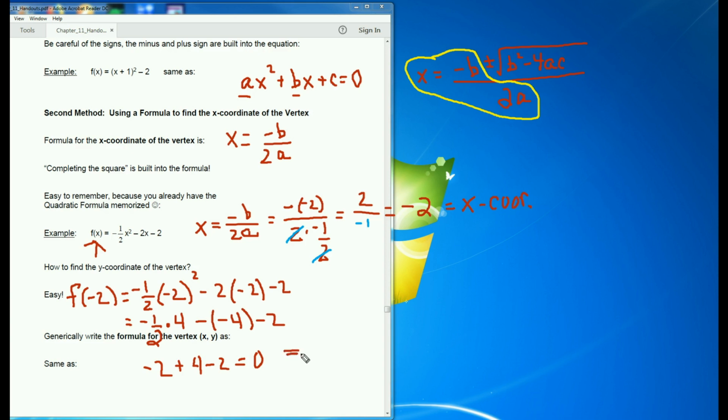So therefore, the vertex of the parabola that you get when you plot this quadratic function is at the point negative 2, 0. Okay.